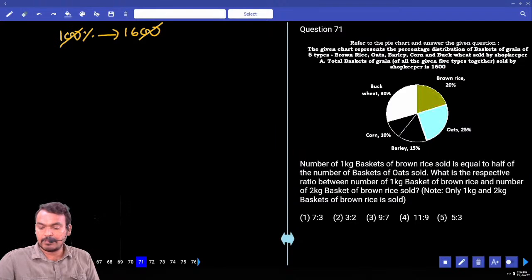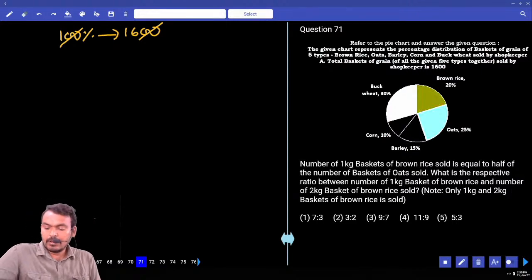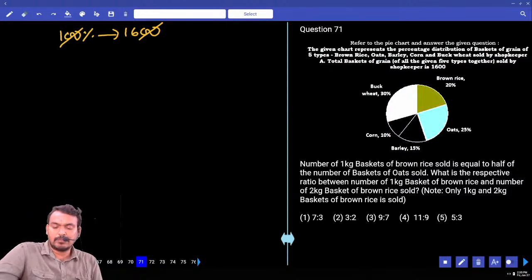What is the first question? The number of 1 kg baskets of brown rice sold is equal to half of the number of baskets of oats sold. What is the respective ratio of the number of 1 kg baskets of brown rice to the number of 2 kg baskets of brown rice sold? Note that only 1 kg and 2 kg baskets of brown rice are sold.